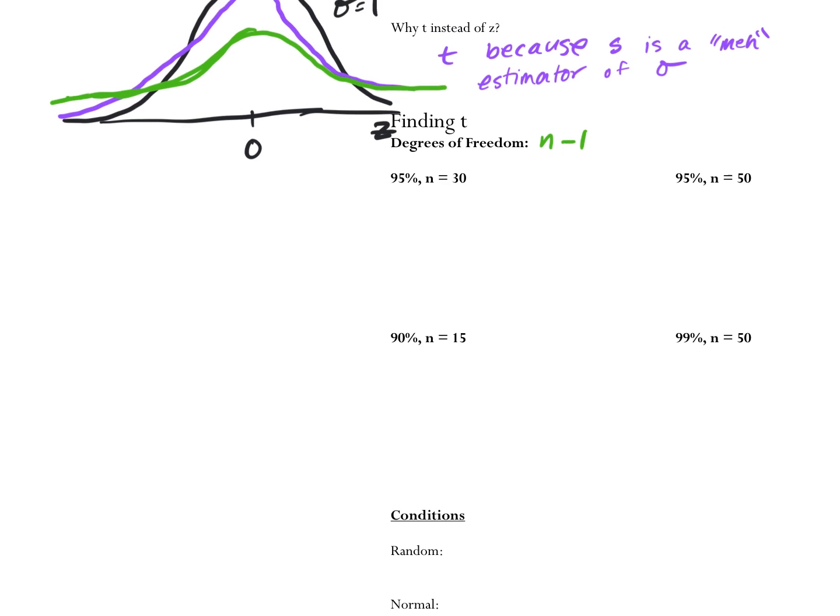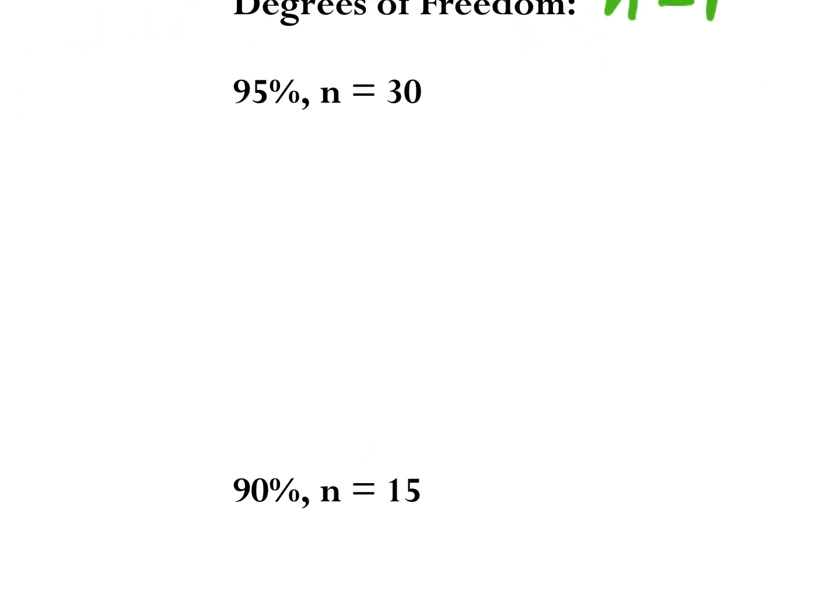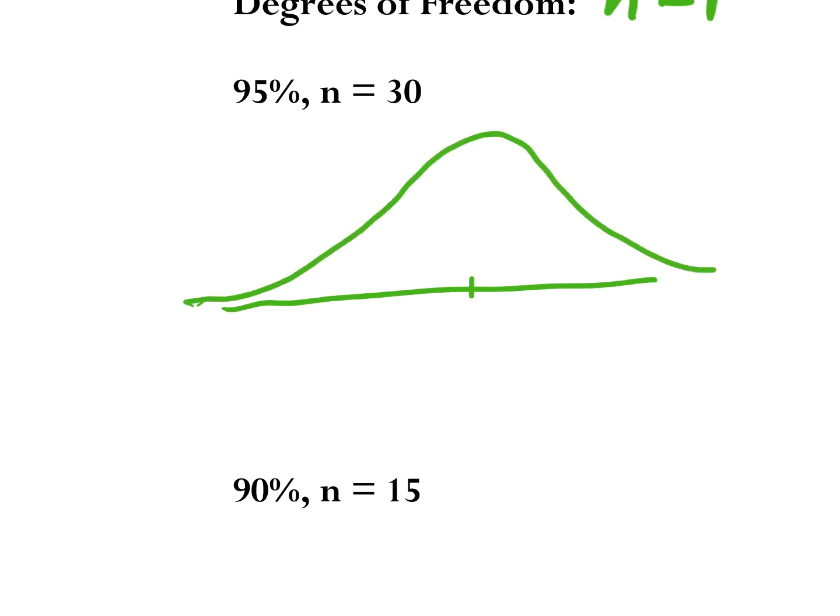Okay, so real quick, let's go through calculating some of these T stars. The first thing you're always going to do is draw a graph. The center of that graph is going to be 0, and instead of labeling the standard deviation, you're going to label the degrees of freedom.